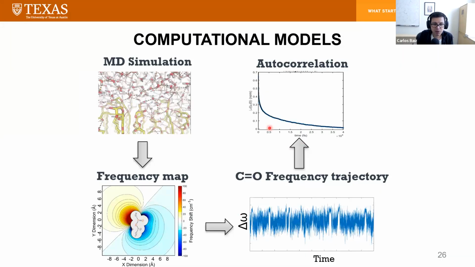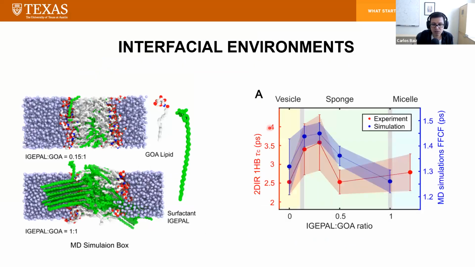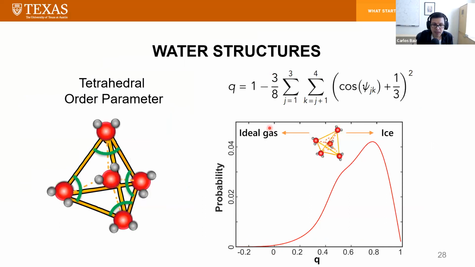Now, for the sake of time, I'm going to skip the last couple of slides. I wanted to describe the computational models, but that's not super important for this talk. Instead, I'm just going to go back to the last analysis that we did, which is the structure of water around these interfaces as a function of the composition.